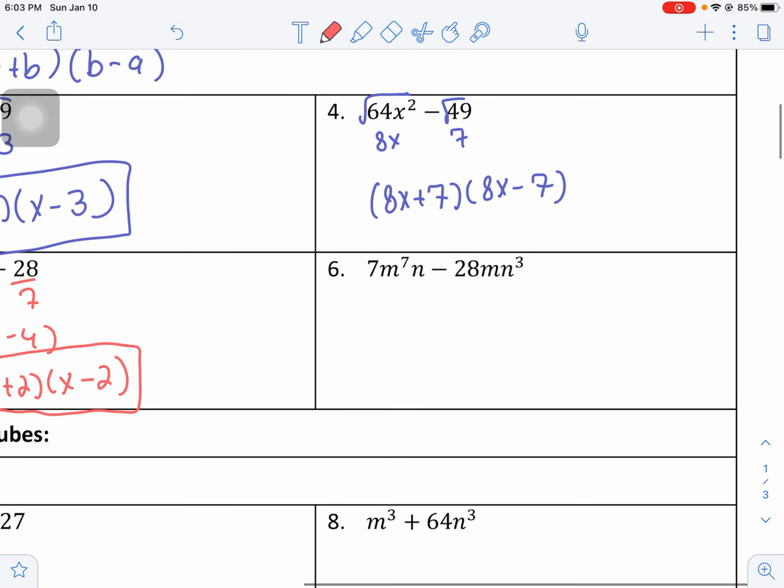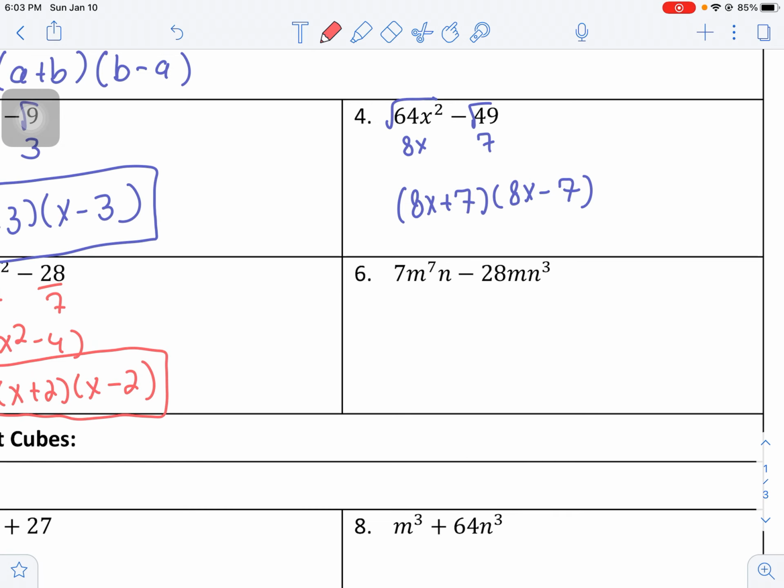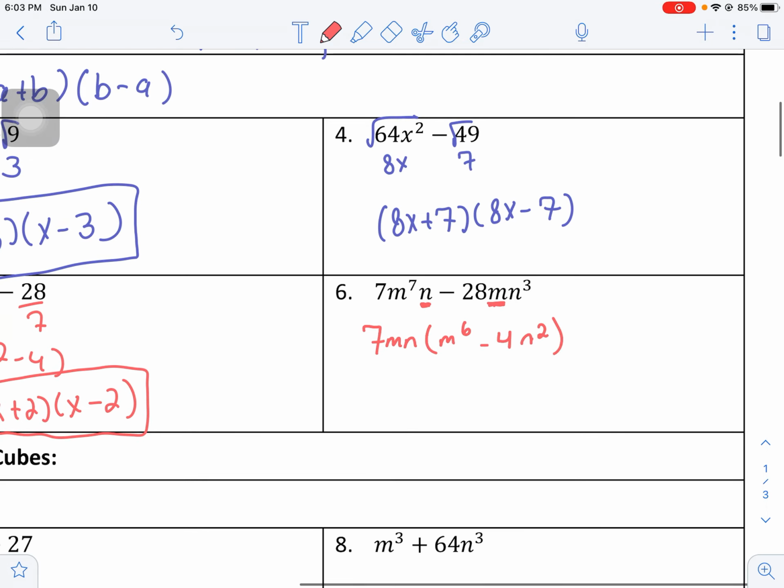All right, let's take a look at this one. Again, not a difference of squares yet, but hopefully by pulling out a greatest common factor, we can find a difference of squares. n is the biggest n we could pull out, m is the biggest m we can pull out, and then we can pull out 7 again. So 7mn is going to give us m to the 6th power minus 4n squared, right?